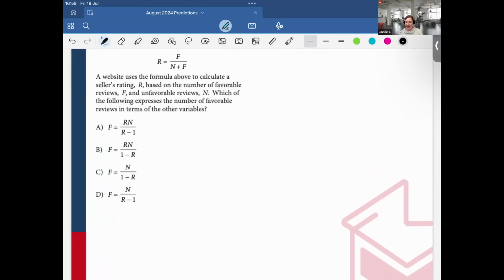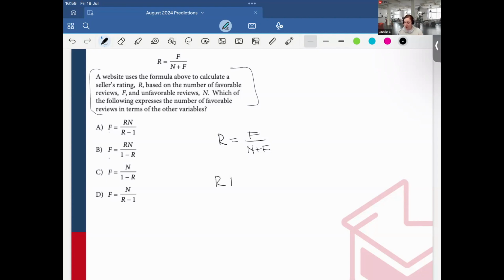So here I'm given the equation r is equal to f over n plus f. We can read it, but if I look at the answer choices, everything is in terms of f, so I know that I need to rearrange in terms of f. So let's do that.